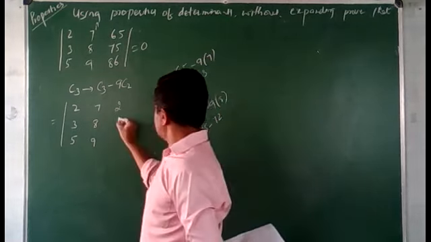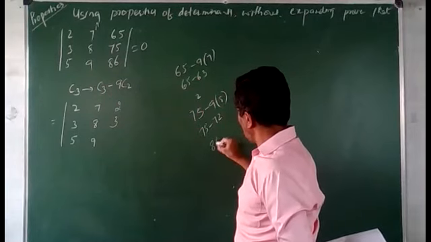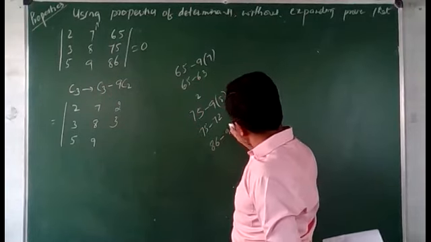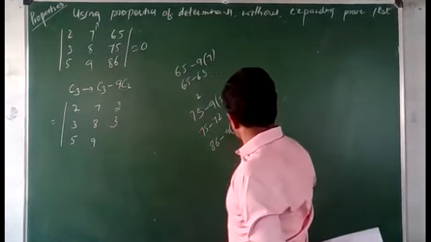Again, apply this rule to 86. 86 minus 9 times its corresponding element, which is 9.